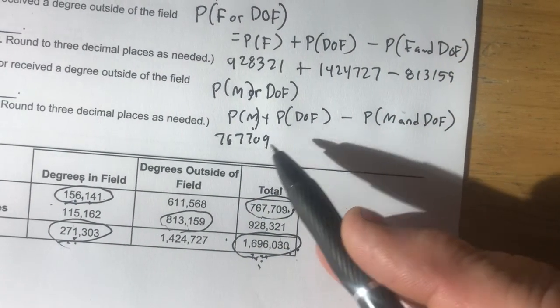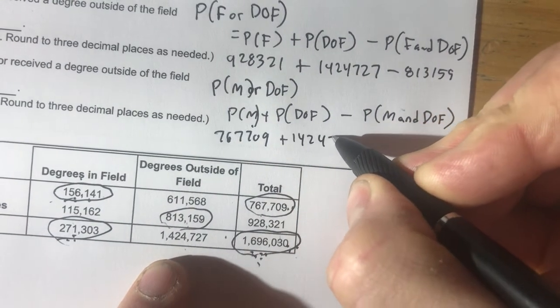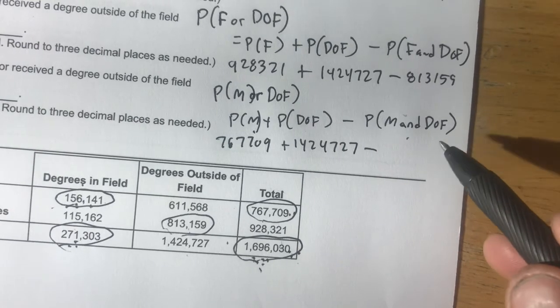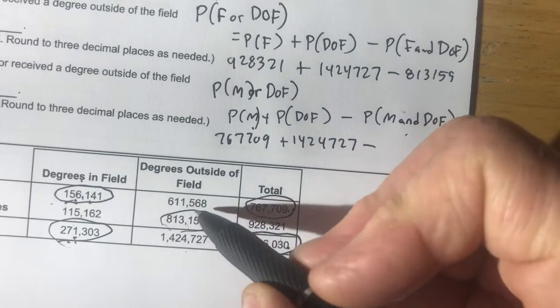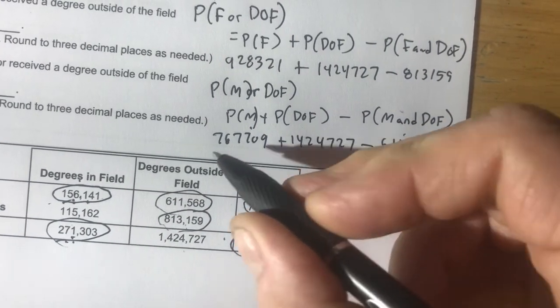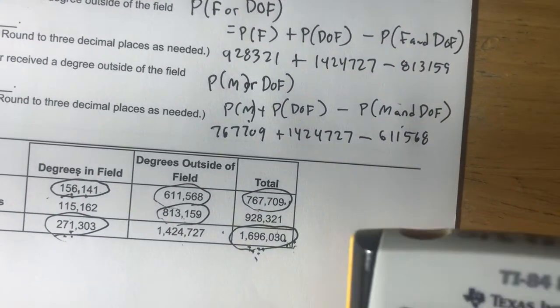Probably they got their degree outside the field right here. We just did that one on the previous problem. Minus the probability that they're male and they got the degree outside the field. So they're male and they got the degree outside the field is right here, this 611,568. So I add those, subtract, and then divide by the total. It's easier doing it that way.